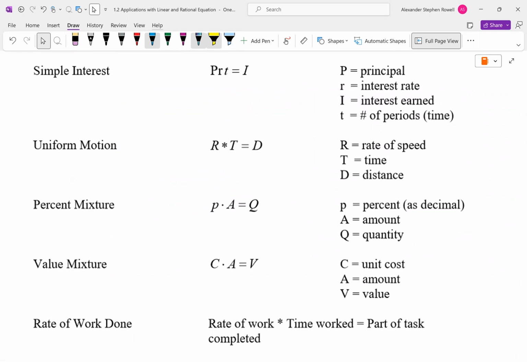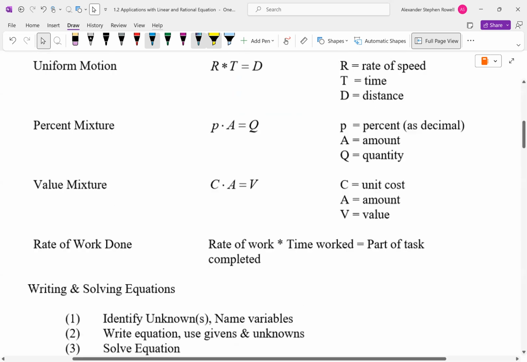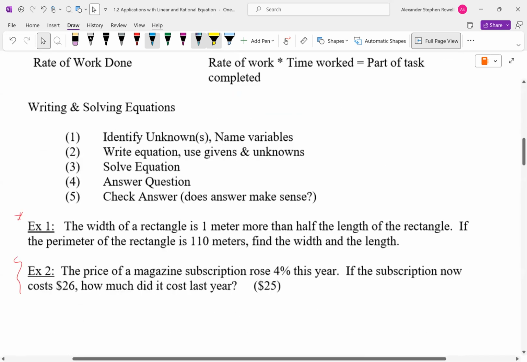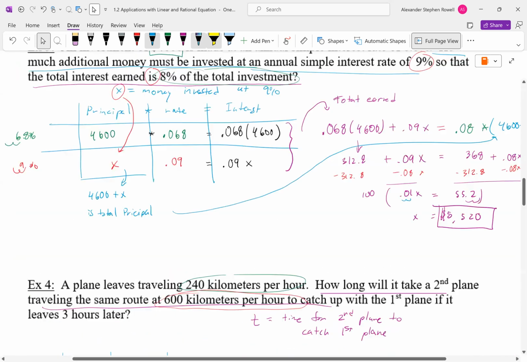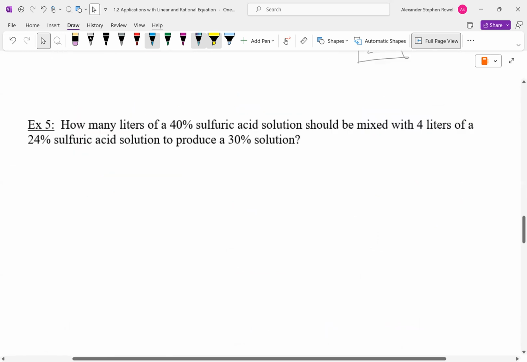Percent mixture, because it has percentages as opposed to value mixture, where you'd be mixing like a value of an object, like tickets costing different amounts for a child versus adult.